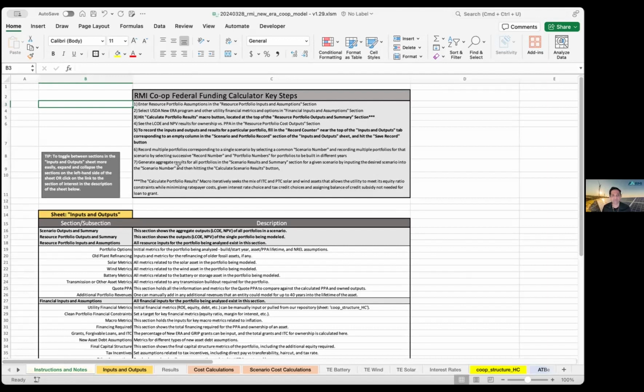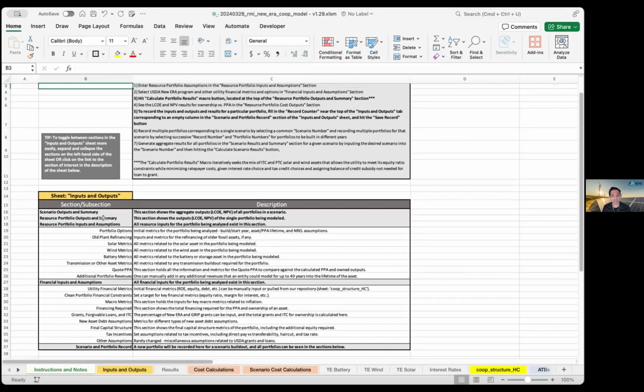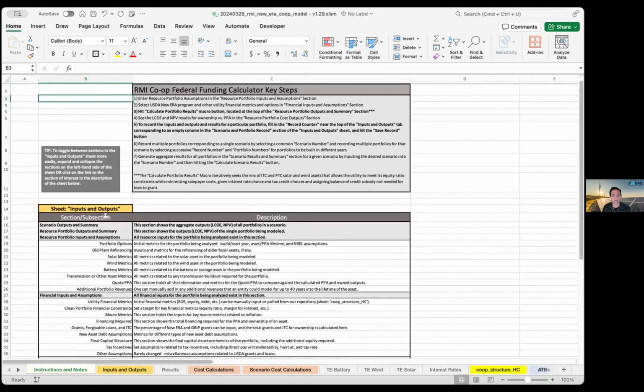Here, we describe some of the steps that you need to take to enter in a resource portfolio and calculate the results. And we also describe some of the different input and output sections that you'll need to navigate in order to enter in all the information to ultimately get the results that you'll be looking for.